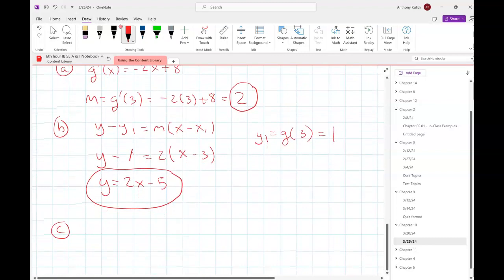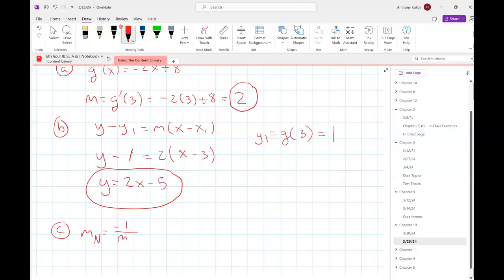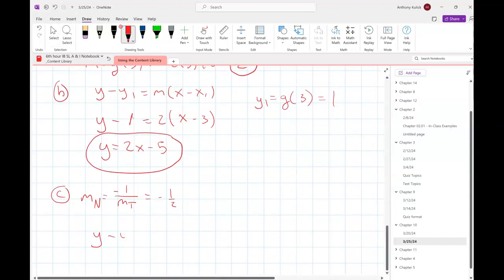Part C then wants the equation for the normal. Well, I know that is going to be negative 1 over the slope for the tangent. So negative 1/2. So again, I'm going to use my point slope equation for the line.